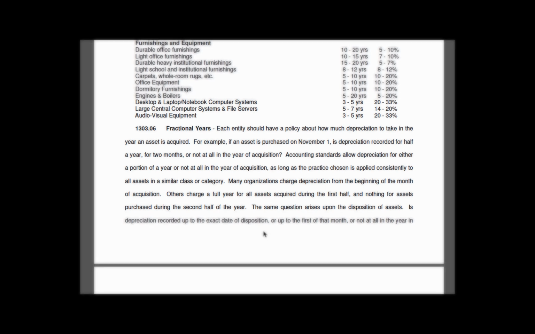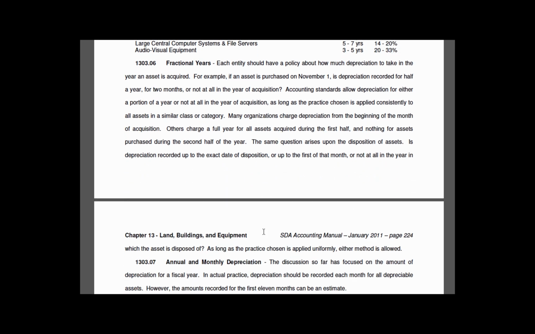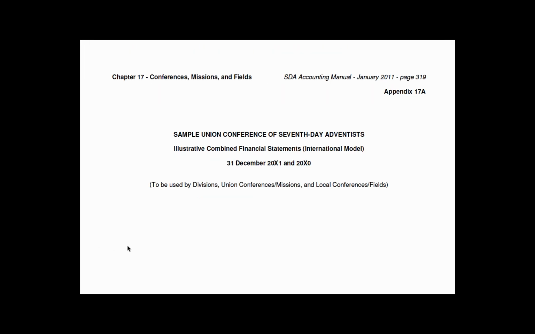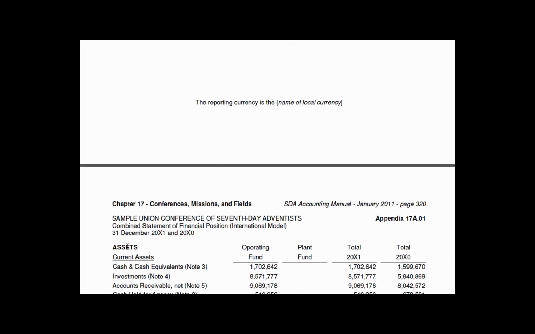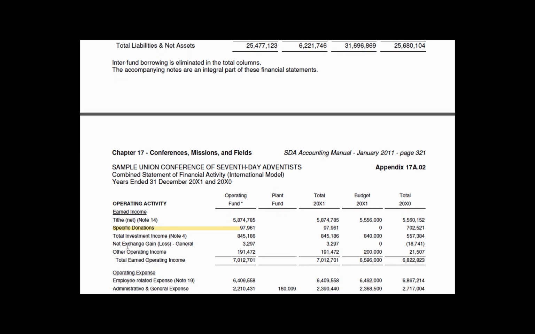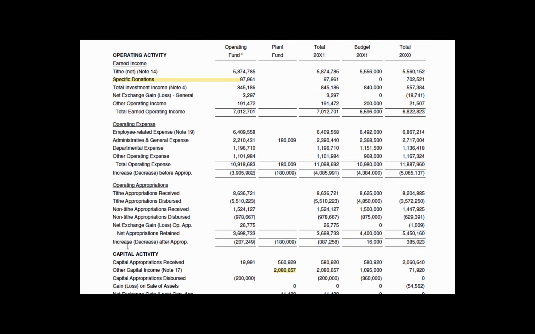Now, just taking a little peek before we leave this topic of depreciation at the financial statements, let's just make sure that we all have a clear understanding about depreciation. In the plant fund, here's our plant fund income statement.